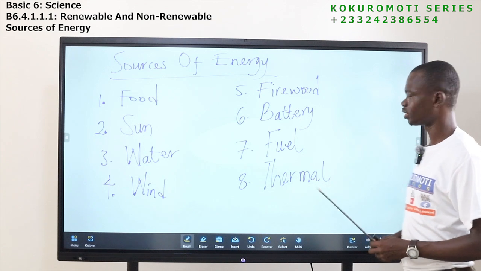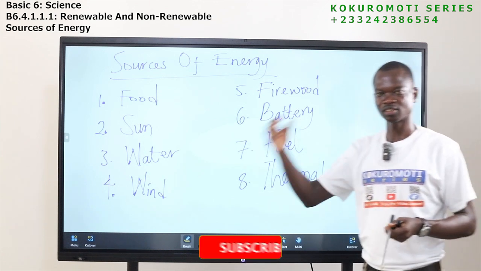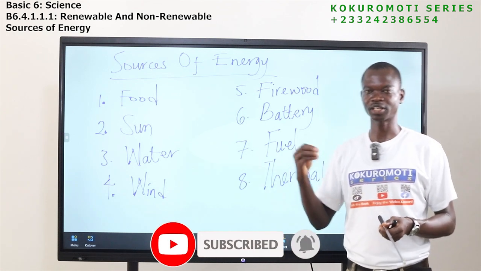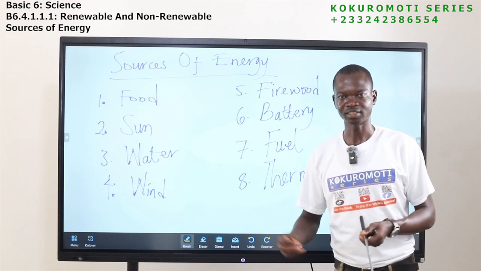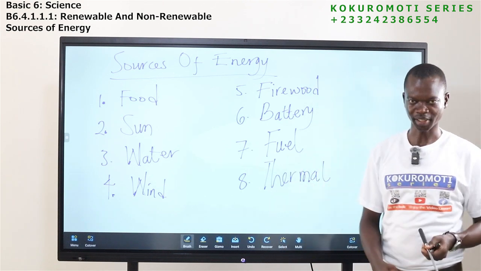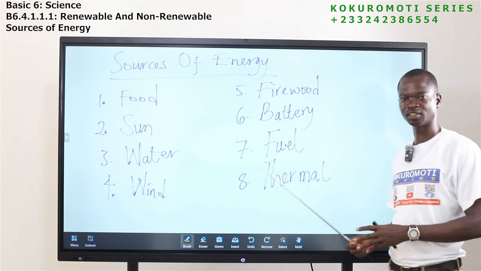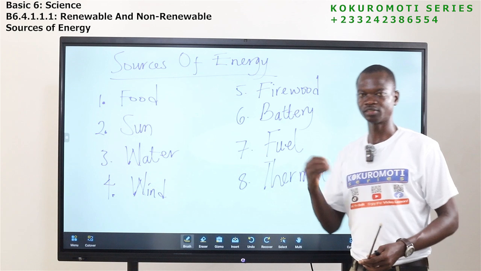The next one is battery. Batteries give torch lights or torches energy. Batteries give mobile phones and other devices energy, and they use the energy to do their work. Okay, the next one is fuel. Yes, we are talking about petrol, we are talking about diesel, we are talking about kerosene.